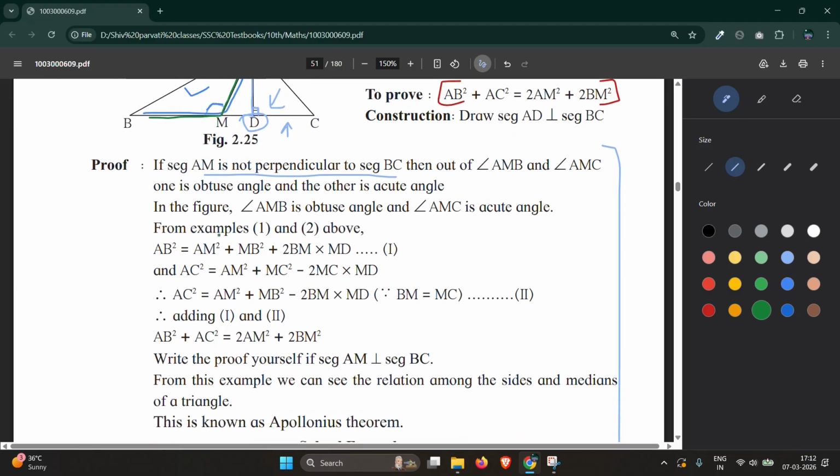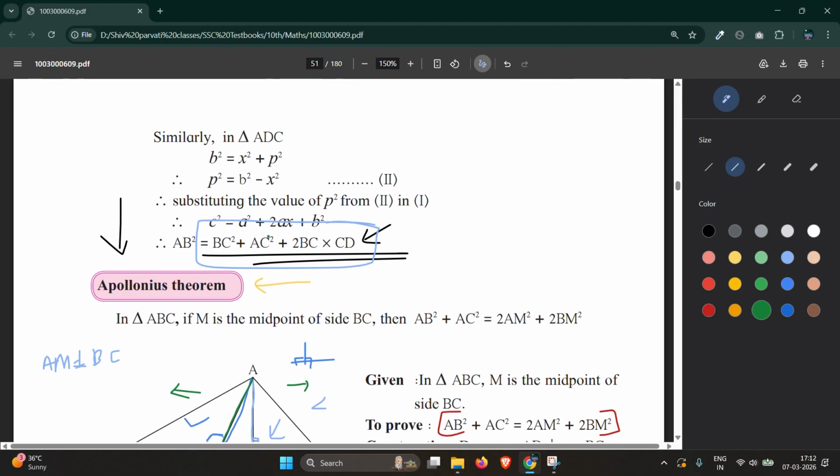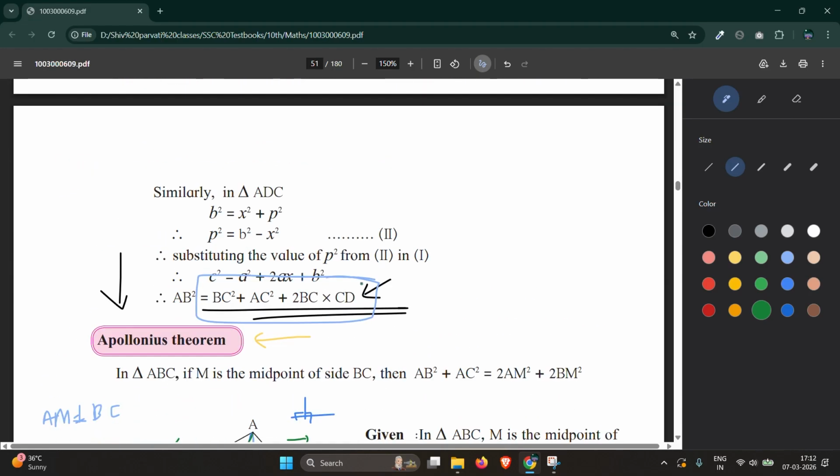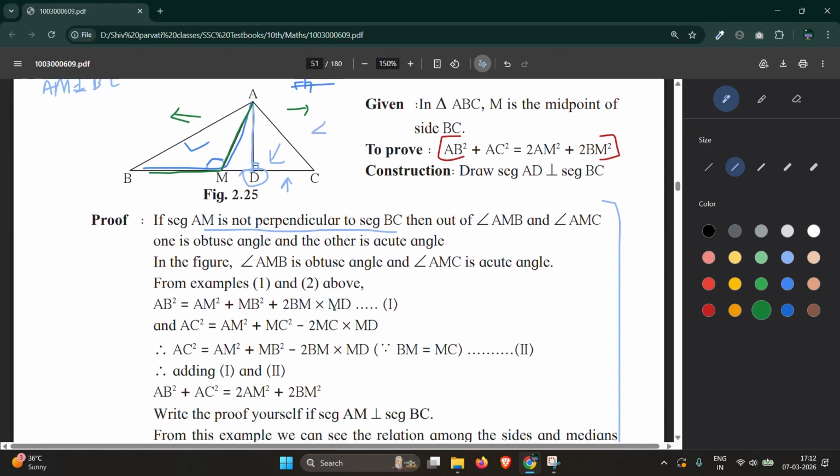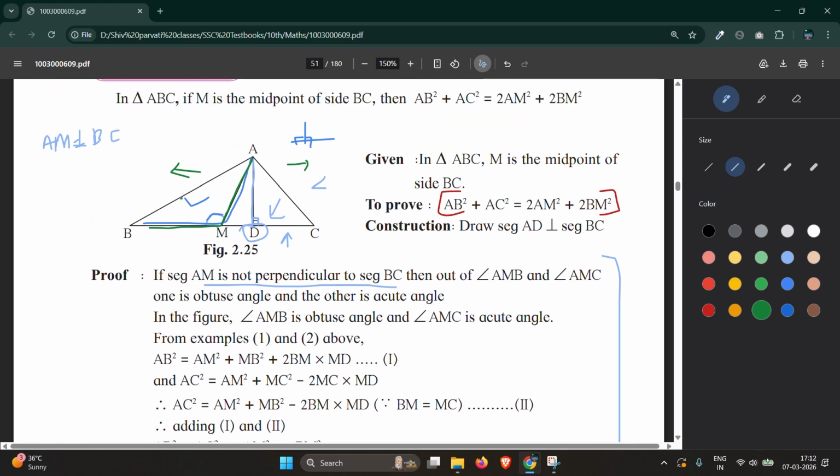So from the above examples, from the results that we got over here, we can say that AB squared is equal to AM squared plus MB squared, the other side, minus 2 times MB into MD.